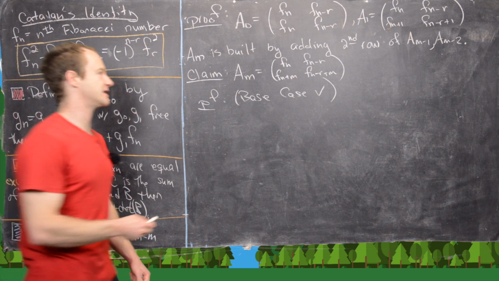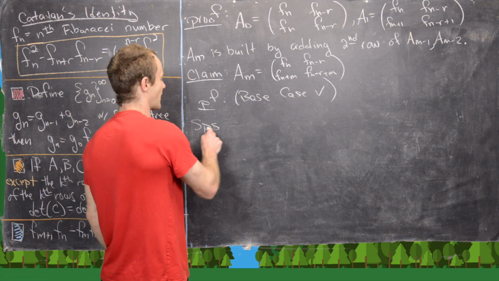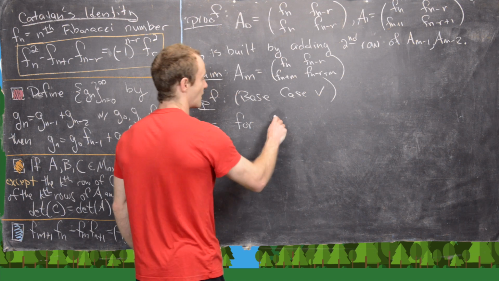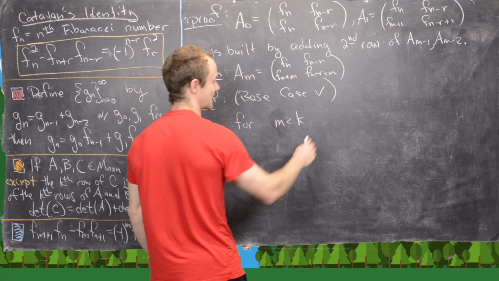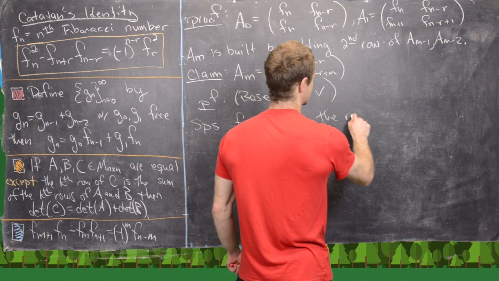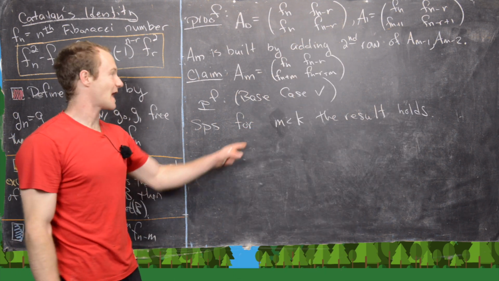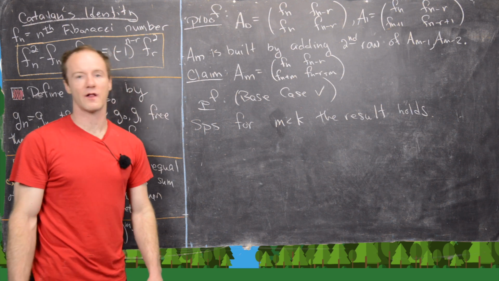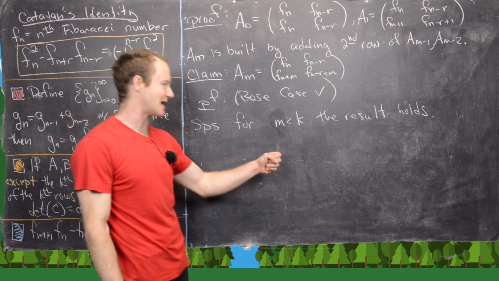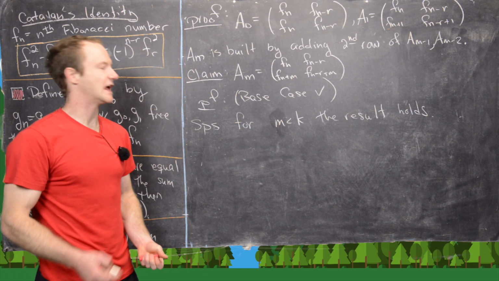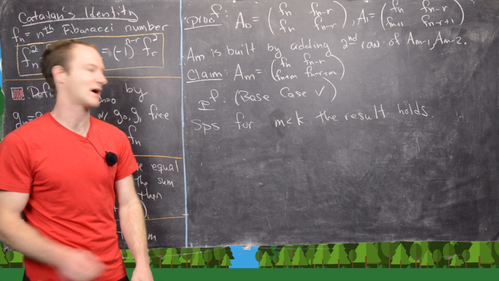Great, so let's make our induction hypothesis. So in other words, we'll suppose for m less than k, the result holds. So we're using a strong induction here. So that means that this result holds for all m from 0 to k minus 1. In particular, it holds for k minus 1 and k minus 2.